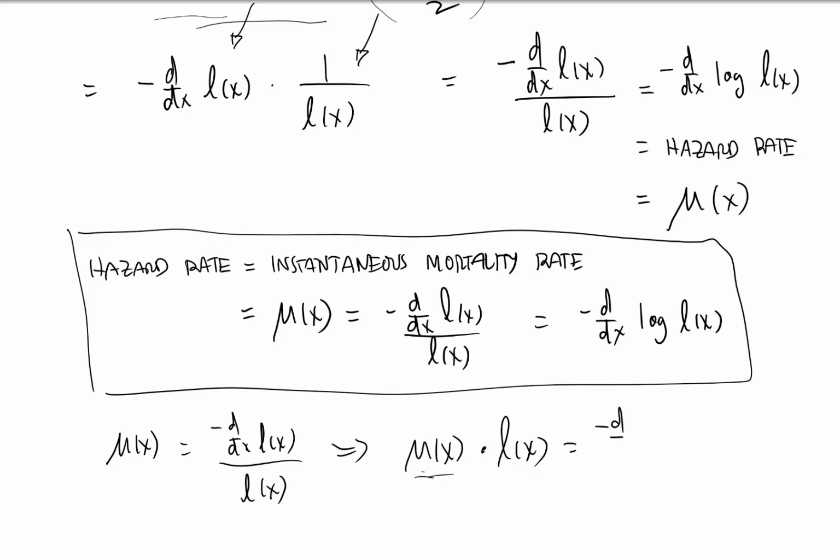That's going to be the change in the L of x. So that's going to be the slope. So it turns out the change in the number of people looks like the mortality rate. As I said, the hazard rate looks like a mortality rate times the people.